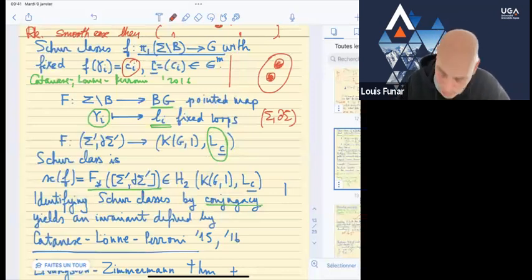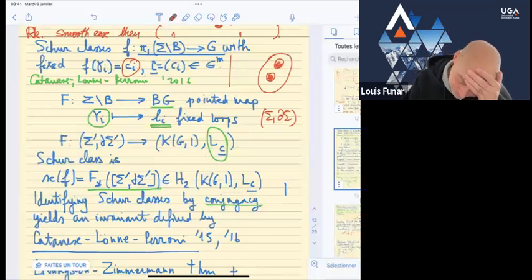It's not something which is PL topologically embedded. The closure of it would be a topological space, but the closure is not necessarily a surface anymore.